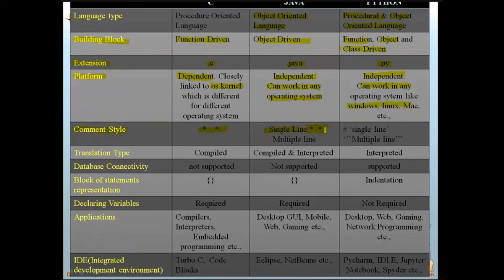Whereas in Python, the commenting style is very simple. Just put the hash symbol. The hash symbol gives a single line comment, and double quotations and triple quotations are helpful in making multiple line comments.